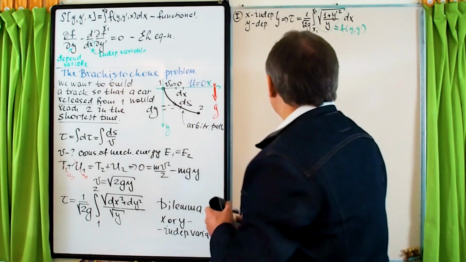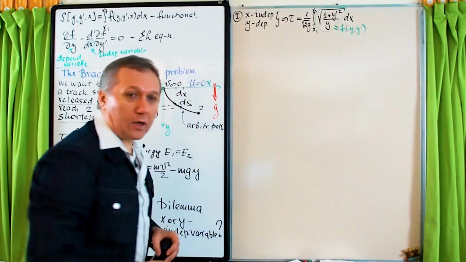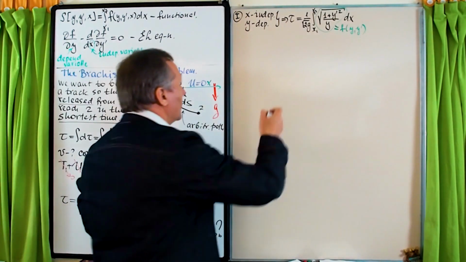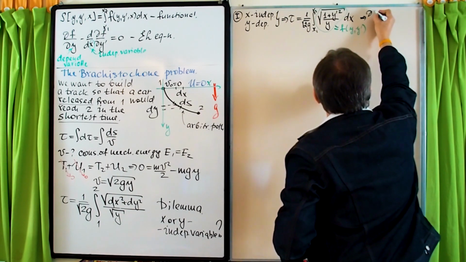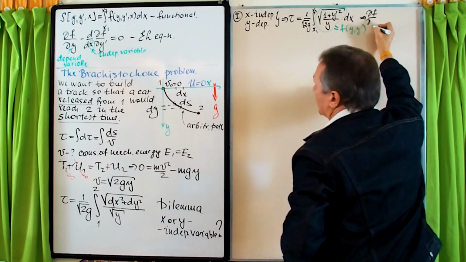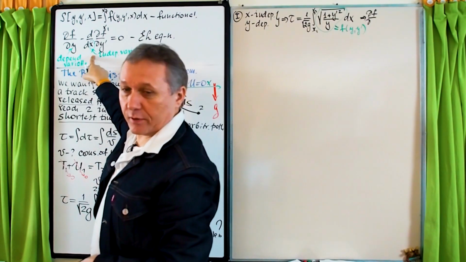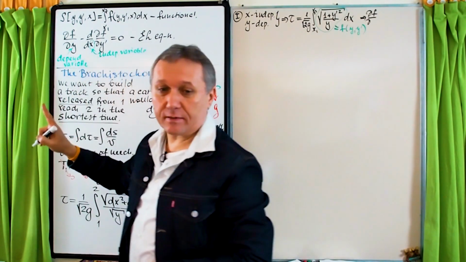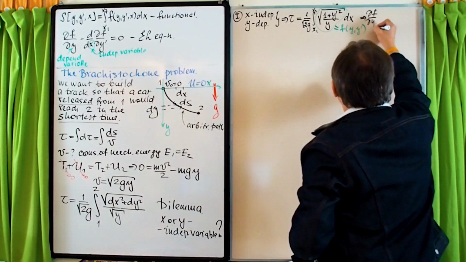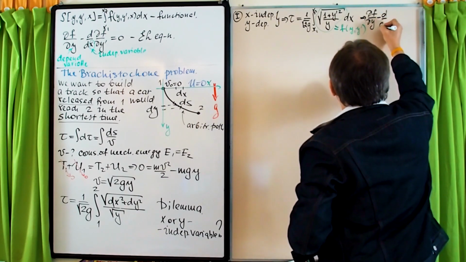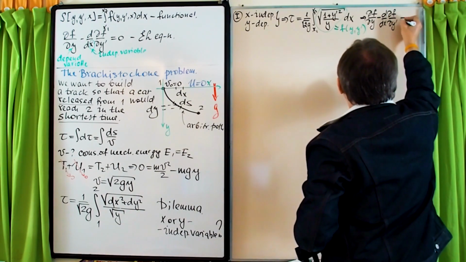And so now our Euler-Lagrange equation, in that case, will be: the partial derivative of f with respect to the dependent variable, minus d over the independent variable, which in this case x is independent, so we have to just rewrite this equation. df over dy minus d over dx of the partial derivative of f with respect to y prime equals 0.